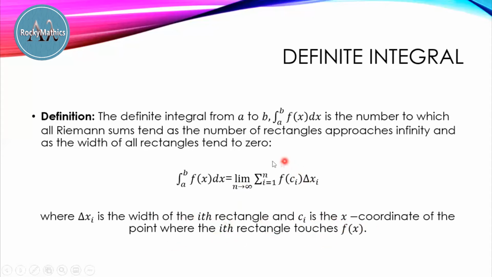Notice that this summation is actually the formula for the Riemann sum. By taking the limit of this Riemann sum, we get the definition of the definite integral.